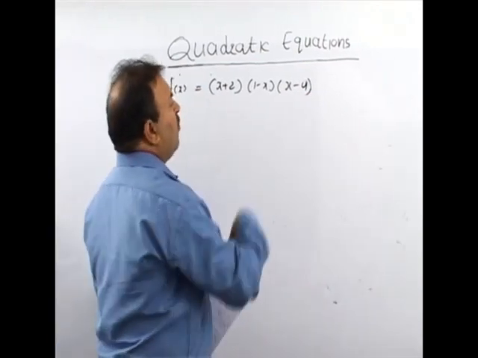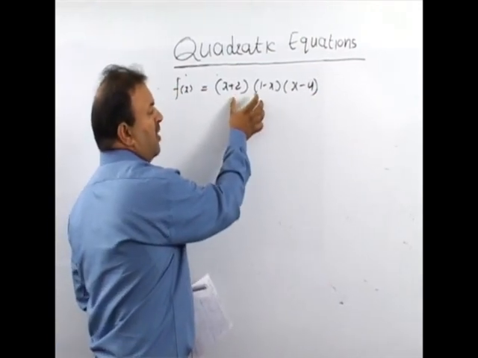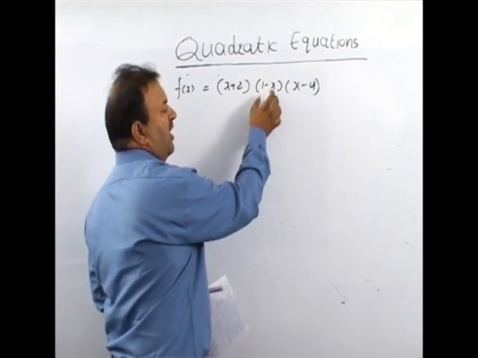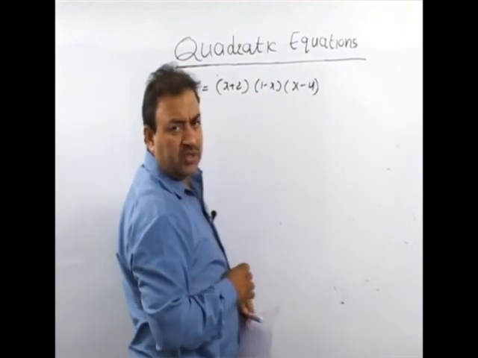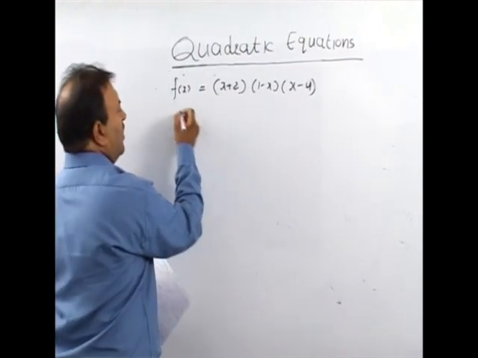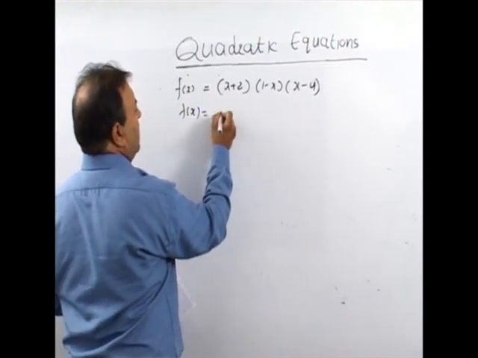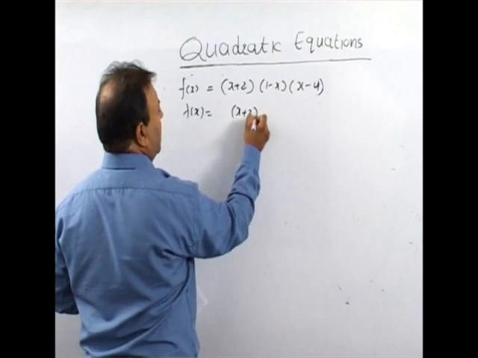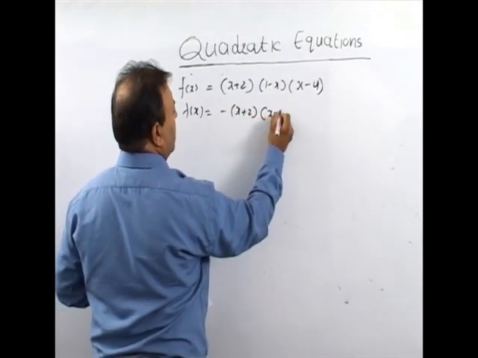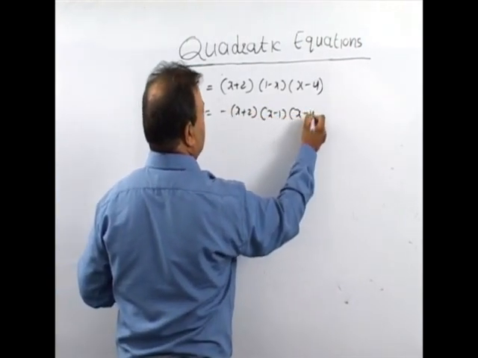Now first of all, before making a curve, we should make sure that the coefficient of x cubed is positive. So first of all, I'll make this curve a positive one. It is (x + 2), and I'll take the negative common over here. The curve will change into (x + 2)(x - 1)(x - 4).